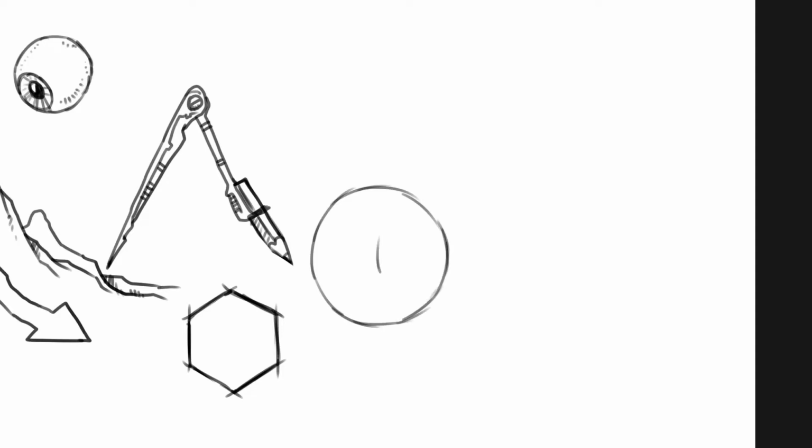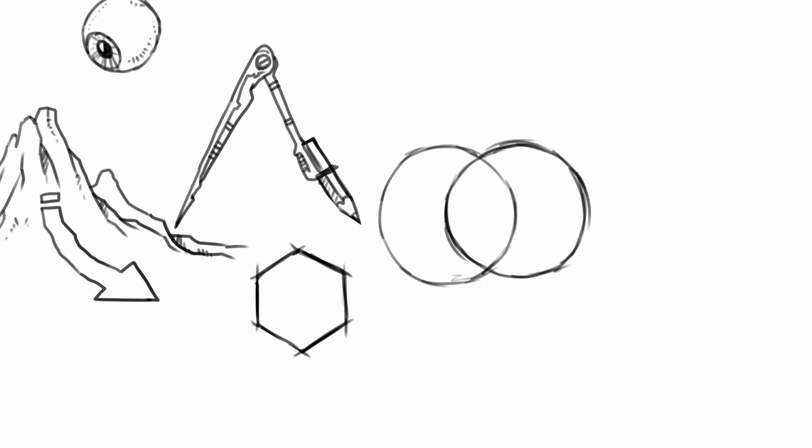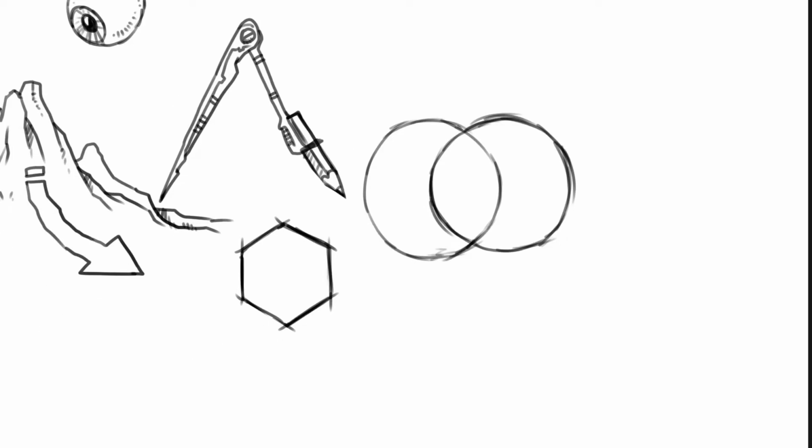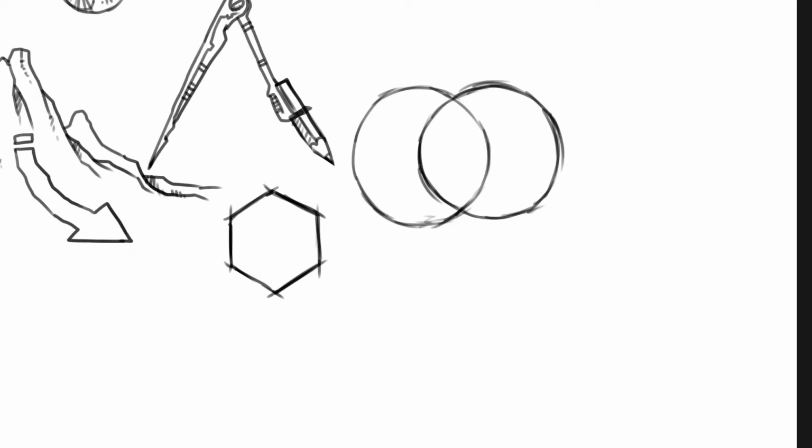Then you get the overlap you see here. Once you've got that overlap, you connect the line of centers and the 2 intersecting points of the overlapping circles, and now you have your right angles.